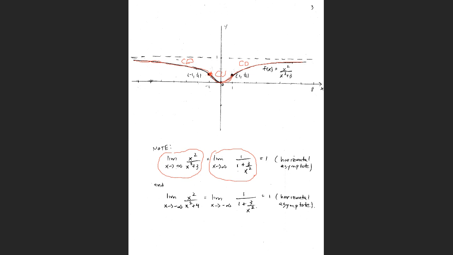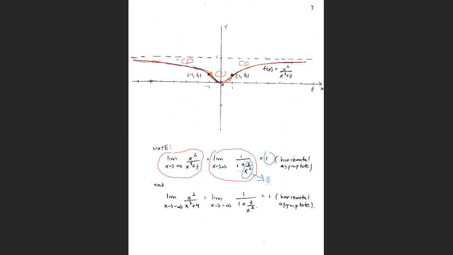Well, what does 3 over x squared go to as x gets large? It has to go to 0. So you get 1.